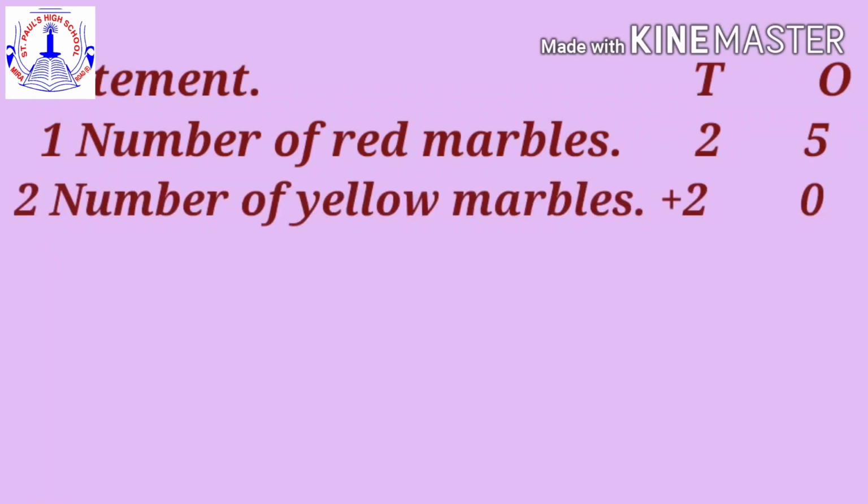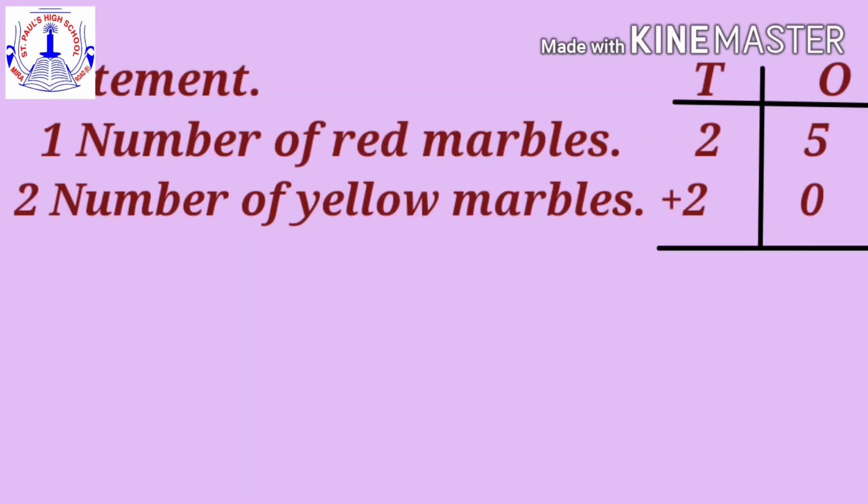Now, second statement: number of yellow marbles. So how many yellow marbles were there? 20. Very good. So I have written 2 in the tens place and 0 in the ones or units place. Also, I have given the plus sign. Yes or no? Yes. We need to add 25 red marbles plus 20 yellow marbles.